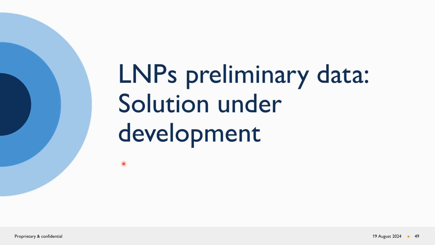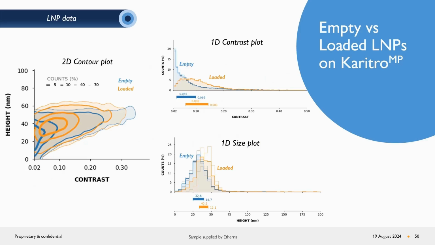In this example, we are comparing empty and mRNA-loaded LNPs on the Karitro. You can see on the contour plot here the overlay of the contour line of the empty in blue and loaded LNPs in orange. You can see that there is a shift towards larger contrast values, but this is even more clear on the 1D contrast plot, where we definitely can see a shift towards larger masses with the loaded LNP.